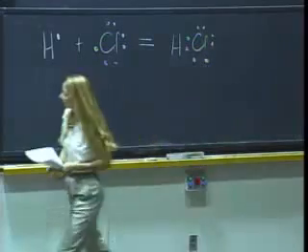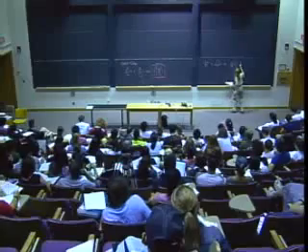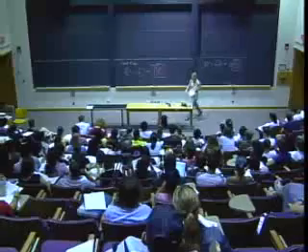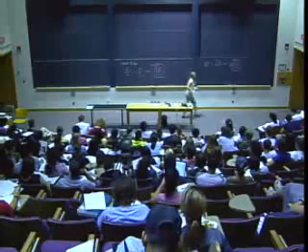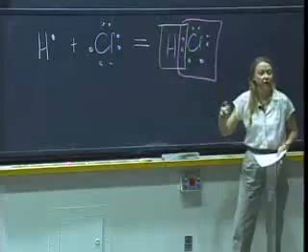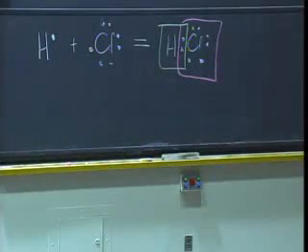And now again, this chlorine has this octet around it. But the hydrogen, of course, has just 2 electrons around it. Its inert gas configuration is that of helium, right? And so it is satisfied with just 2 electrons around it.